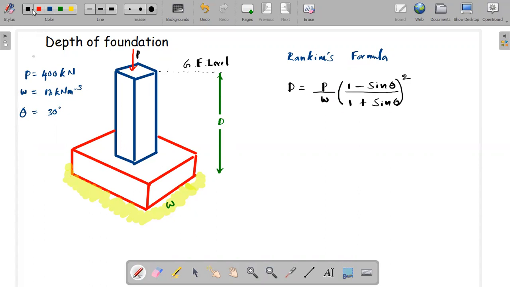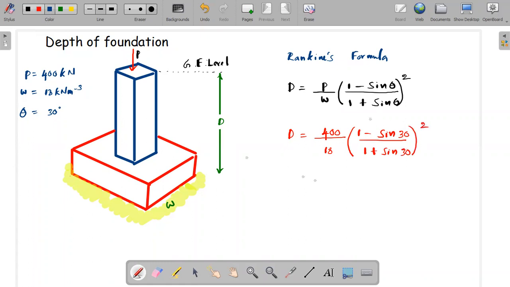Now we are going to find the depth of the footing. So the depth of the footing should be equal to load over density. The load is 400 kilonewtons, and the density 18, into 1 minus sine 30 over 1 plus sine 30, squared.